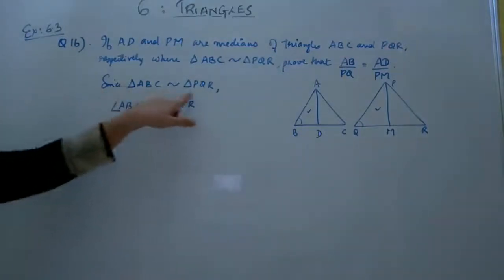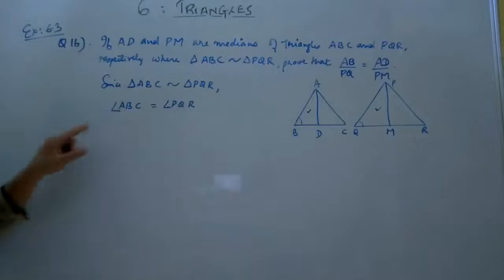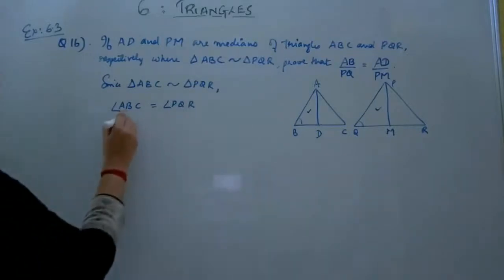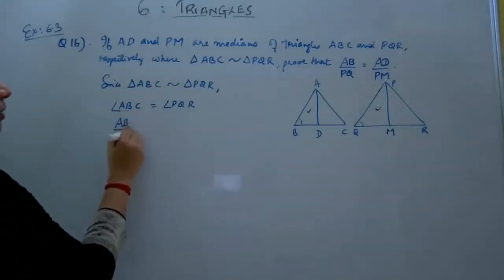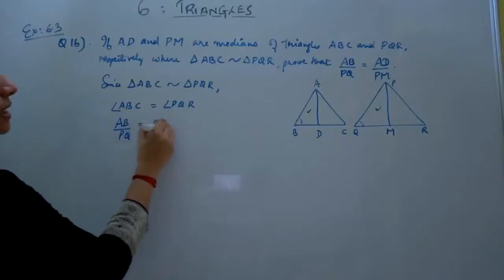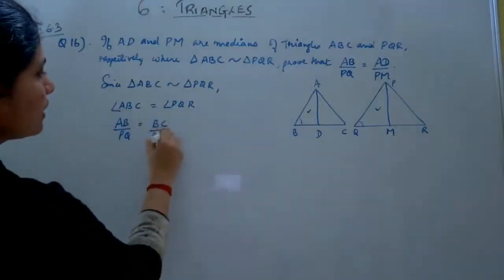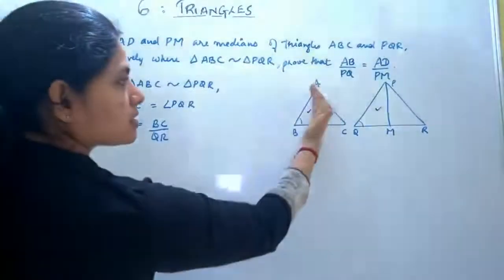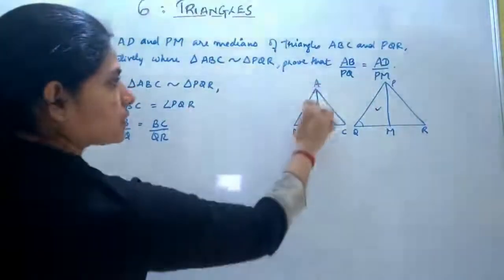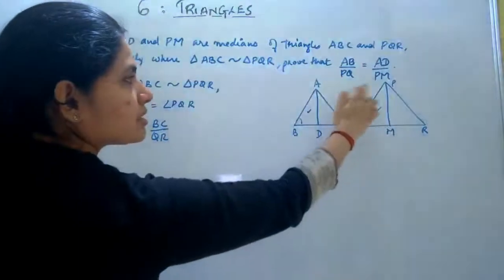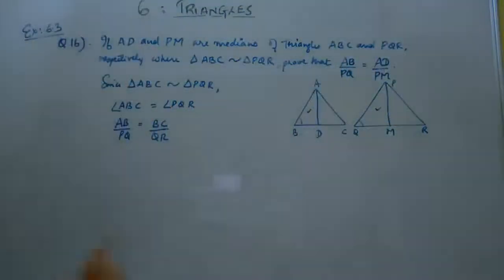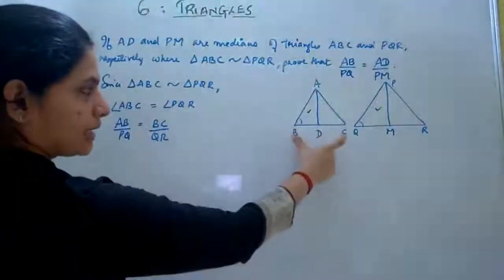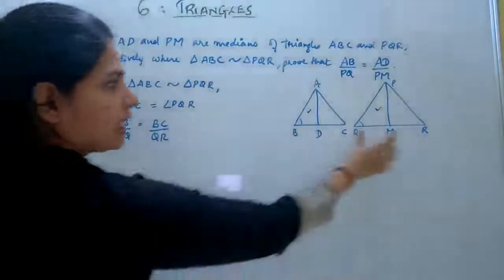Since the two triangles are similar, we get this concept. And again, we will get the ratio AB by PQ is equal to BC by QR, right? Now, why are we taking only these two ratios? Because we are just restricting ourselves to this triangle. Okay, so we don't need this third side's proportionality. That's why we are taking only these two, and that BC should be reduced to BD and QR should be reduced to QM.